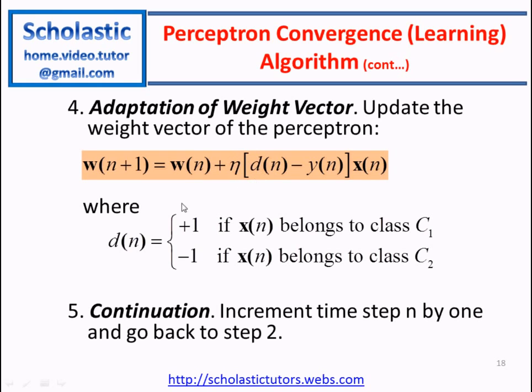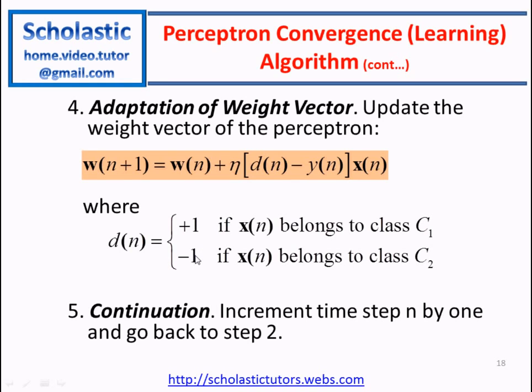stabilize the system. The desired output can be plus 1 or minus 1 depending on what you want to get. If it is in class C1, our desired output is plus 1. If we decide to get class C2, we say that our desired output should be minus 1.